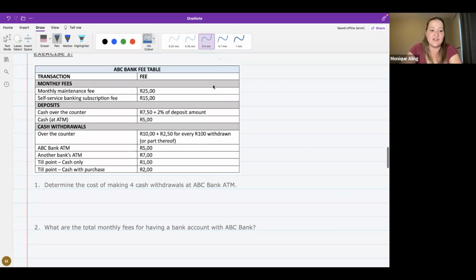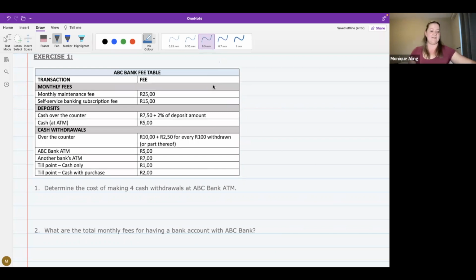Okay, so let's try question 1 and 2 quickly for me. So we're looking at the same bank charges for ABC Bank.